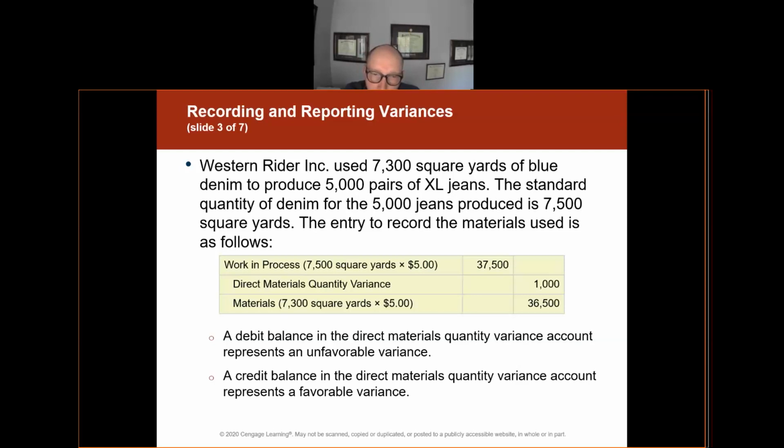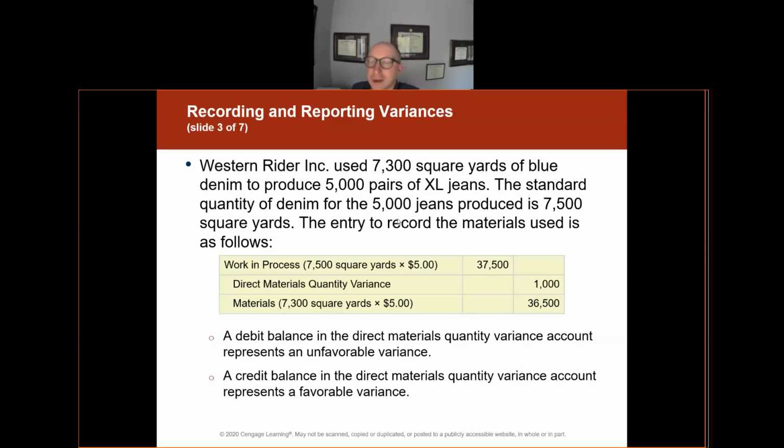The variance for the quantity is 200 square yards at $5 per square yard, 1,000. Sorry, took me a second to get there.